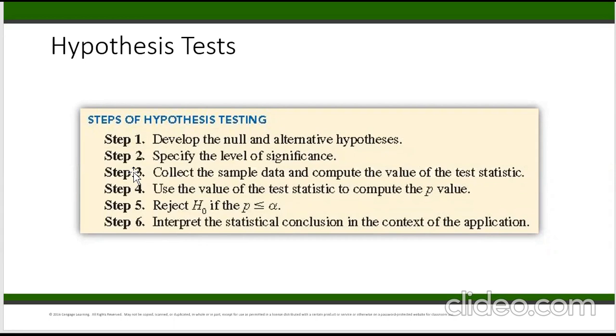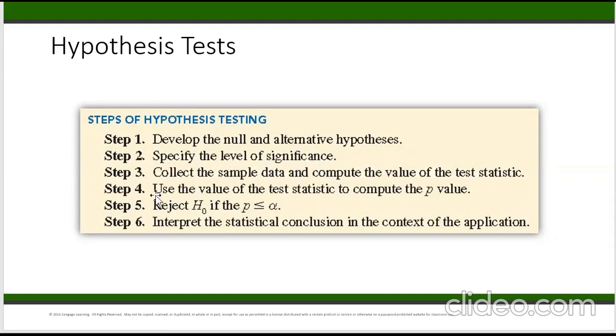We will talk about two different types of error that can happen when you're testing a hypothesis, when you're trying to see whether the null or the alternative is true. And we will talk about the level of significance specifically, which we also denote by the notation alpha. It's very important.